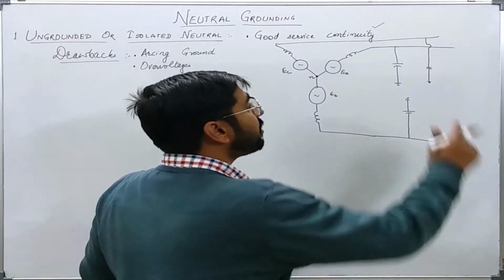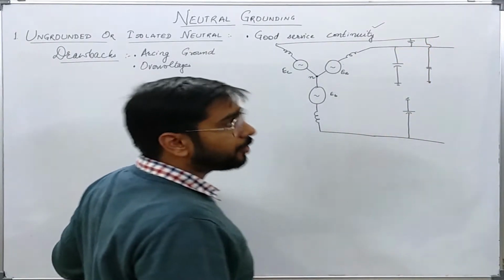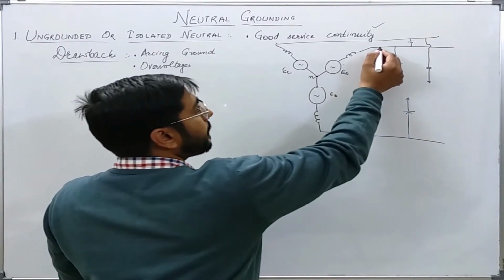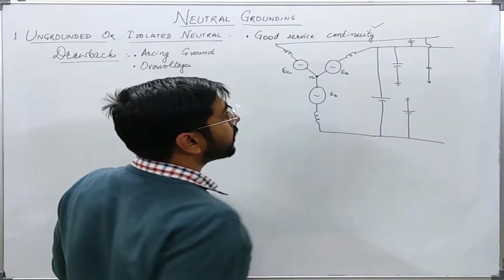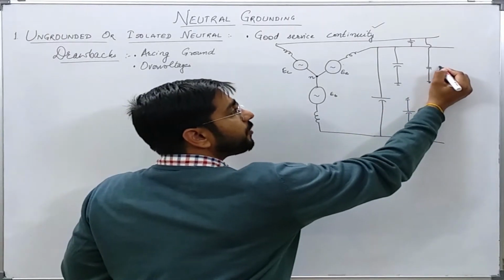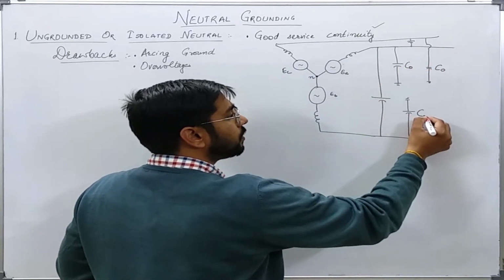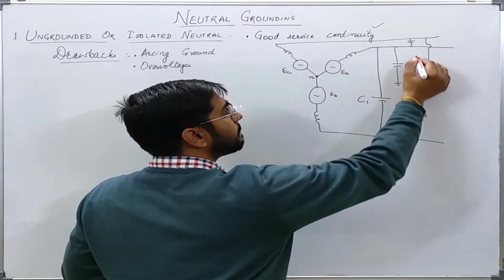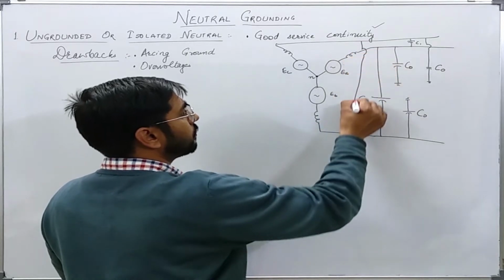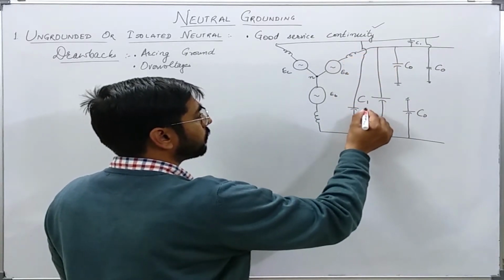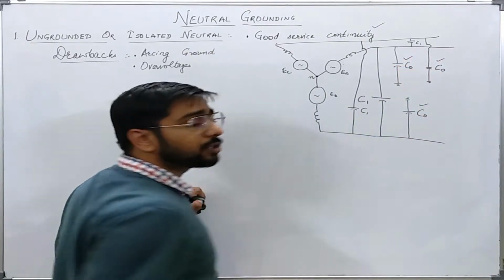There will be capacitances between various phases also, although these will not enter into the picture for a single line to ground fault. Let us say the phase to ground capacitance is C0 and this is C1. Now these capacitances will be distributed throughout the length of the line.